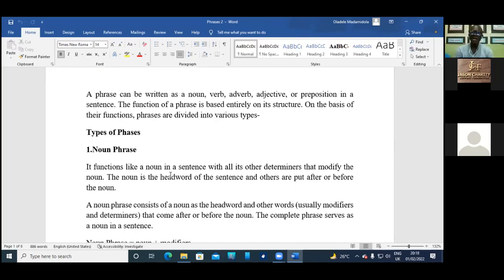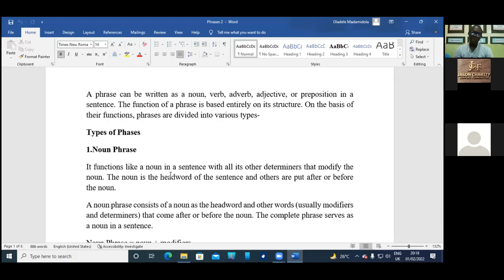So then you can see that a phrase can be written as any of these parts of speech. So let's consider the function of a phrase. The function of a phrase is based entirely on its structure. On the basis of their functions, phrases are divided into various types. So it is the type of phrase that we have in a sentence that will determine the function of that phrase. So let's begin with the noun phrase.